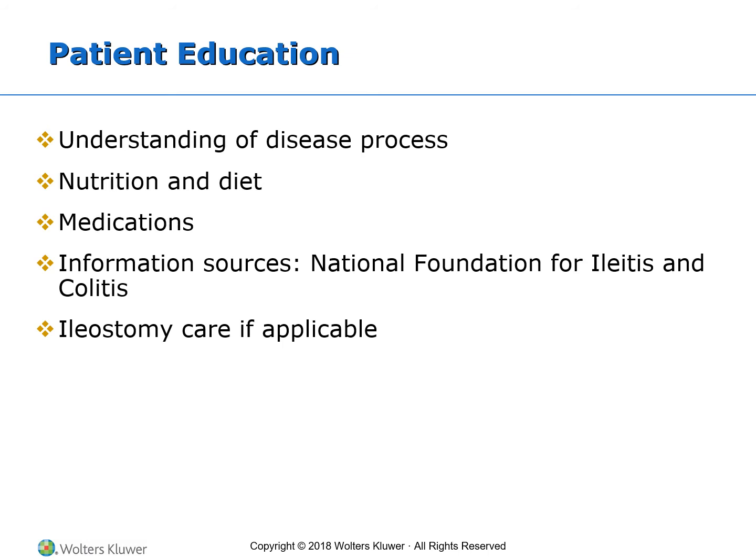Teach them about doing a dietary journal, and they might notice that they have some kind of a pattern with certain foods in their bowel movements. Talk to them about nutrition and diet, the purpose of their medications, when to take them, when to call the doctor. They can look and join foundations, organizations, and support groups locally and nationally.